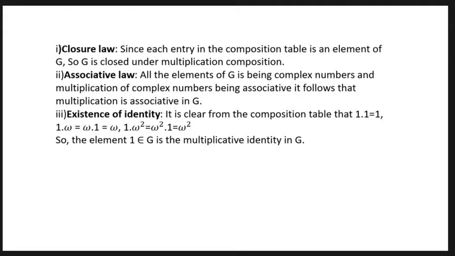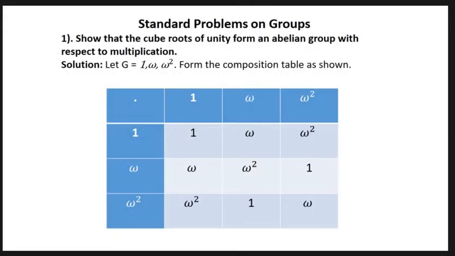So the element 1 belonging to G is the multiplicative identity in G. The first row and first column of the composition table are identical, which implies that the identity element is the leading element of these rows and columns. The leading element is 1. Therefore 1 is the identity element.